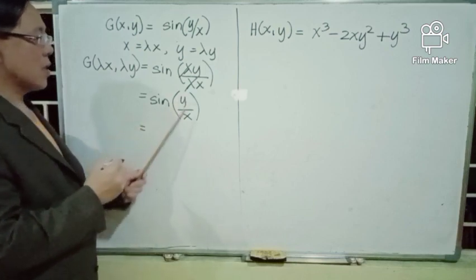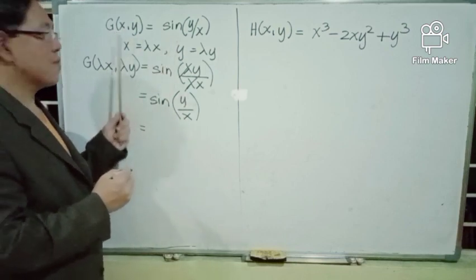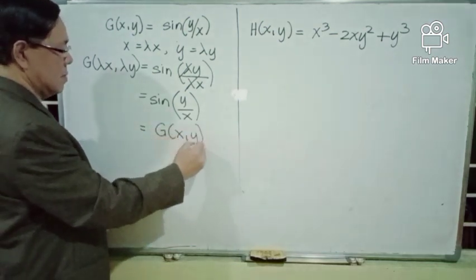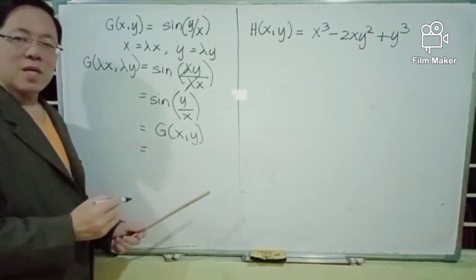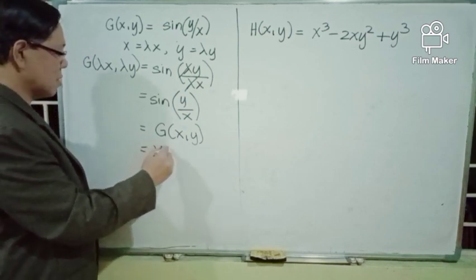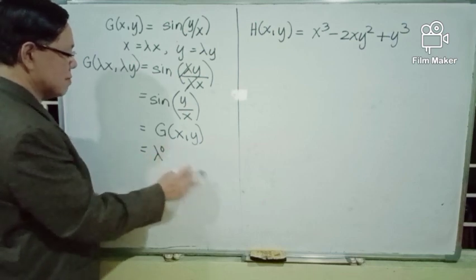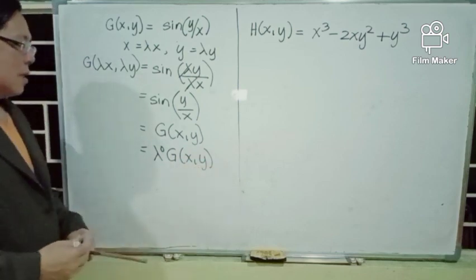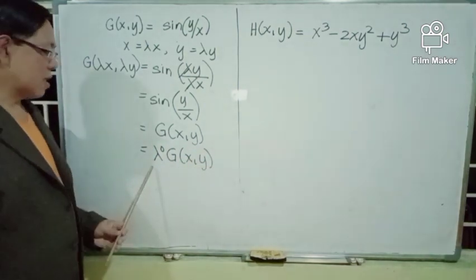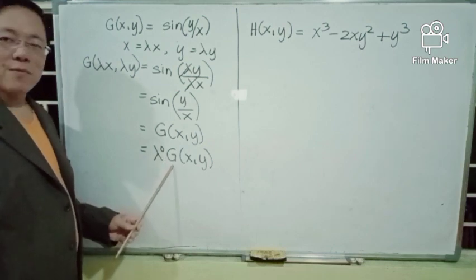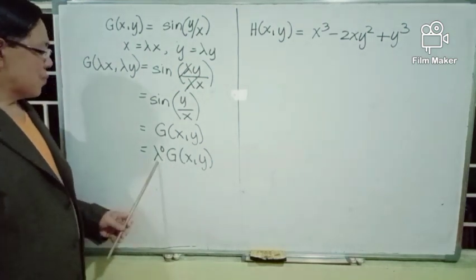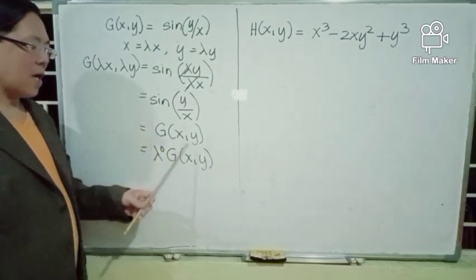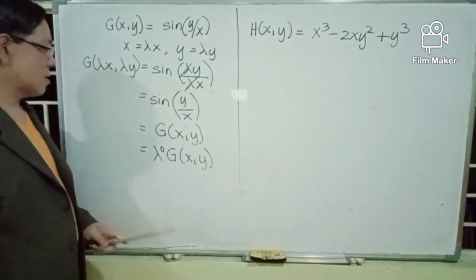And sine of y over x is the given function g of x y. But g of x y can be written as lambda to the power 0 multiplied by the function g of x y, because lambda to the power 0 is 1. Hence, the coefficient 1 here of g of x y can be written as lambda to the power 0.